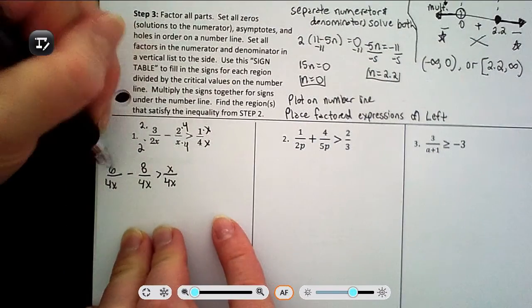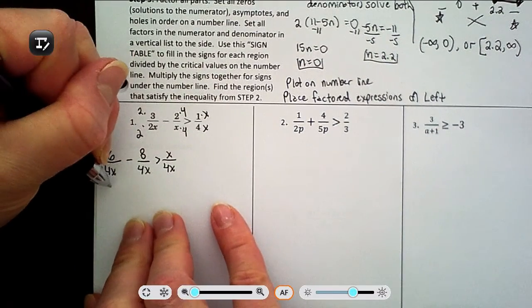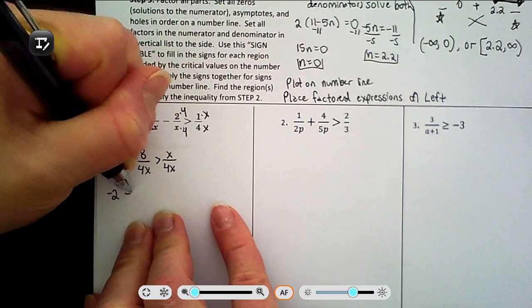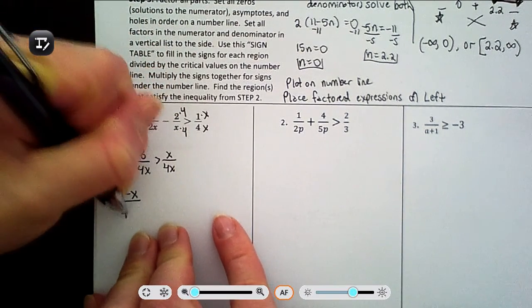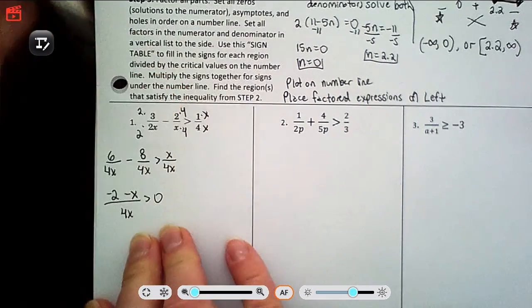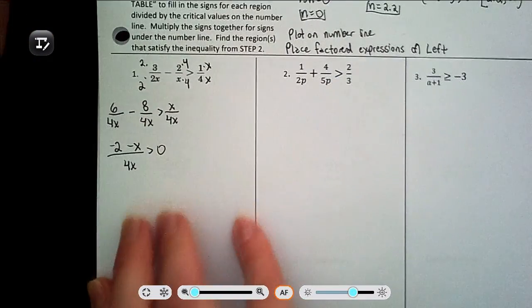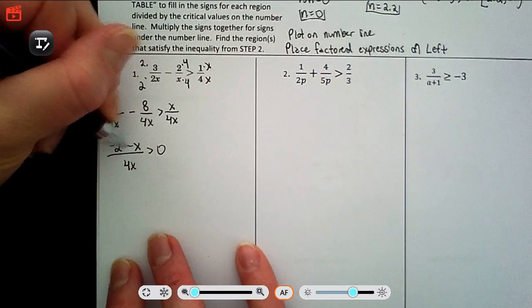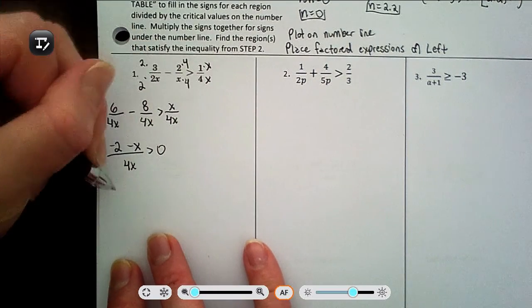Okay, 6 minus 8 is negative 2, and I'm going to subtract this x over as well. All over 4x is greater than 0. Okay, so now what I'd like to do is take the numerator, factor it, set it equal to 0.